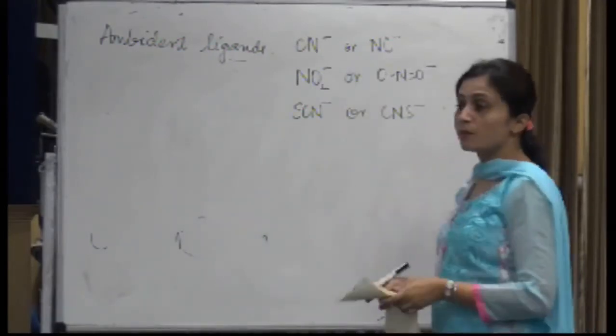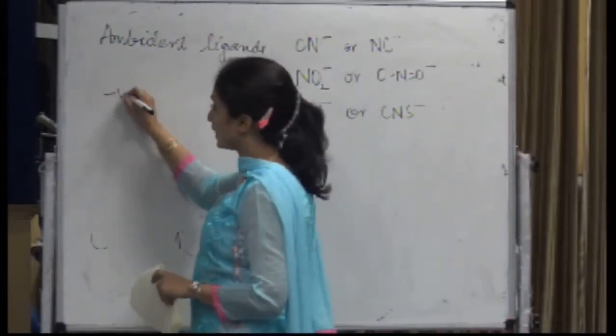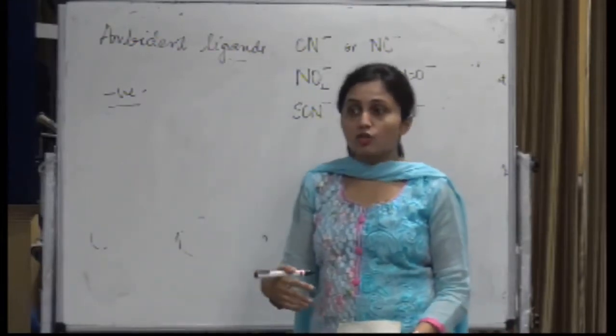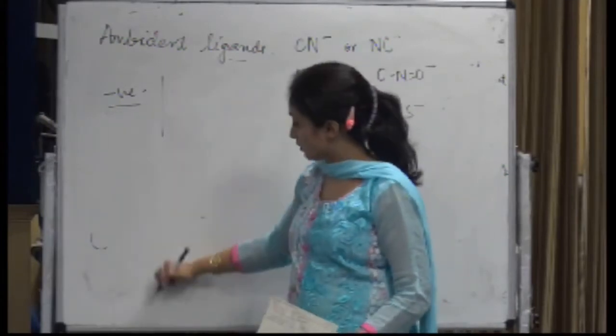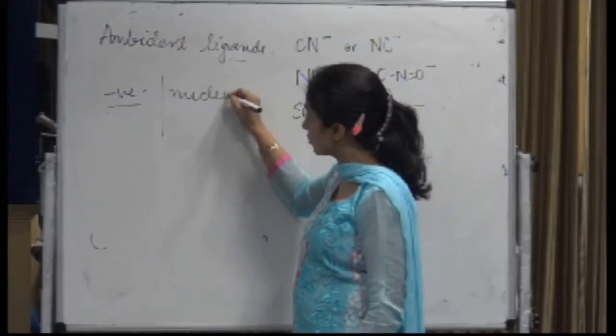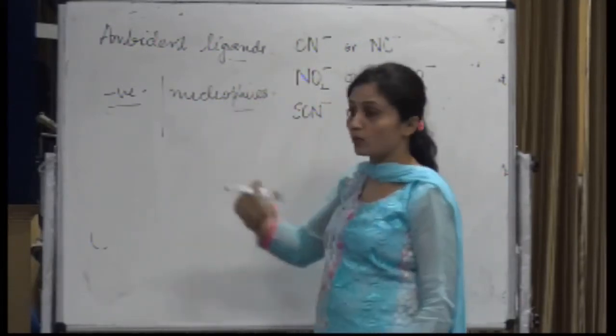So ambident, and remember all these minus charges, whatever has a negative charge means it has already gained electron density, so it is electron rich. I don't know, but when we did organic, I must have introduced you to something known as nucleophiles, because this same knowledge will be required later.